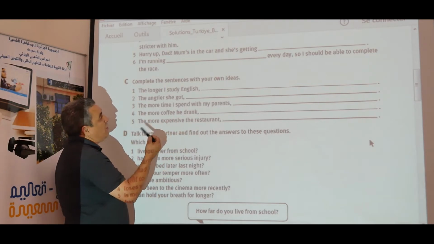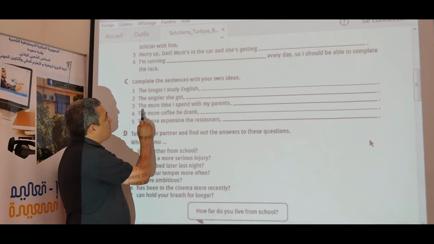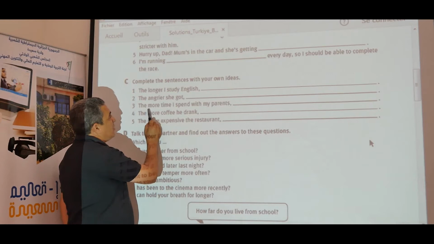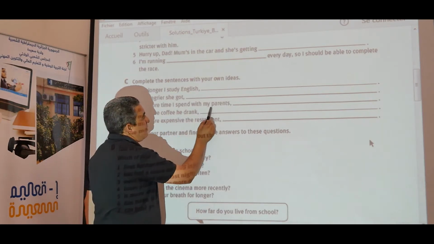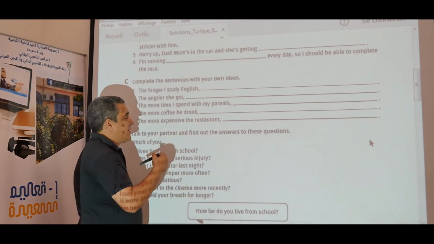You can think of other things. You can come up with other possibilities. For example, 3, the more time I spend with my parents, the better I feel, for example.